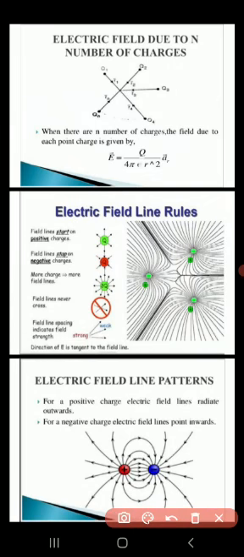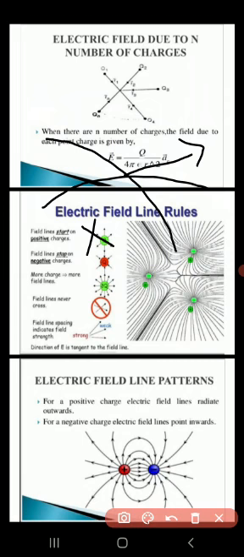Next point: electric field lines never intersect. Let us consider that electric field lines intersect each other at a point. For two different curves, if we draw two different tangents at this point, we will get two different directions of electric field, which is not possible. So, electric field lines never intersect each other.